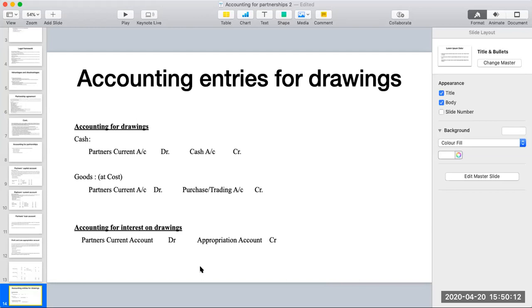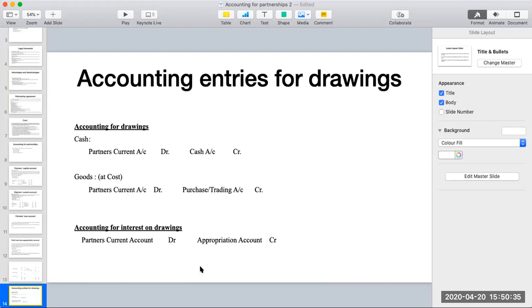Accounting entries for drawings. Drawings means the amounts that the partners are withdrawing from the business. It can be either cash or goods. If it is cash, cash will be deducted, so cash is credited. Debited to partner's current account.